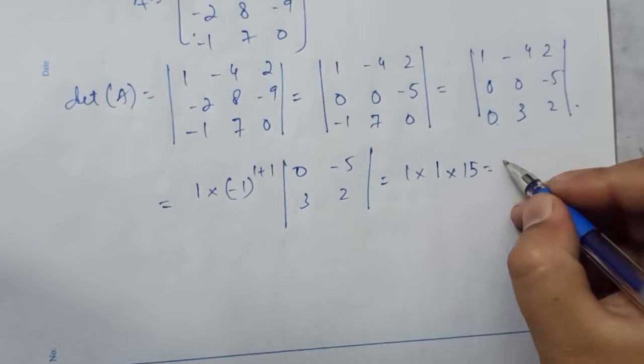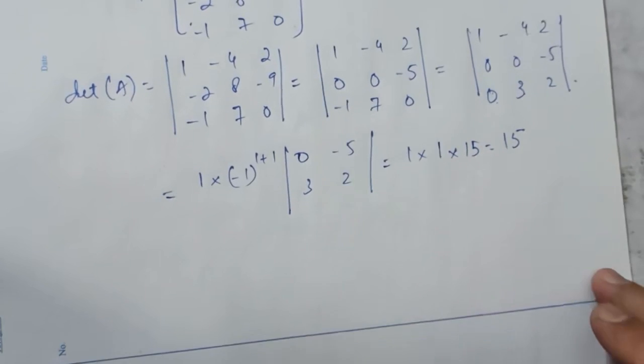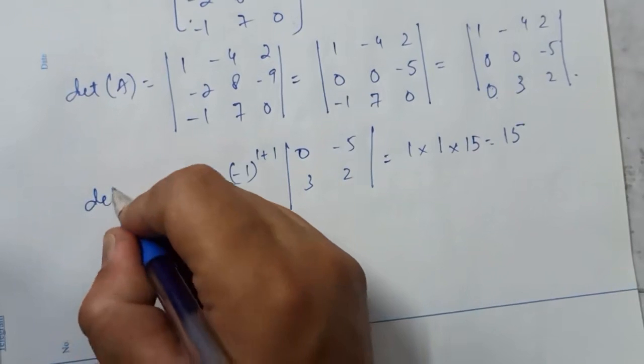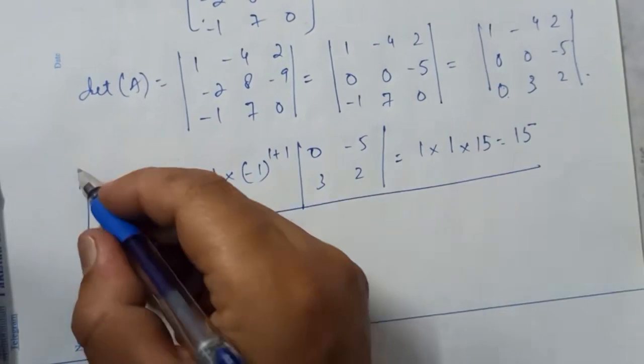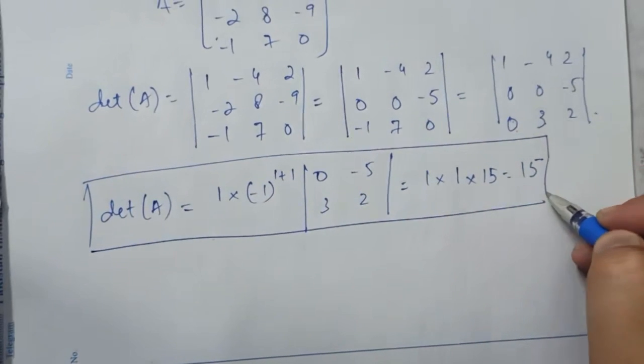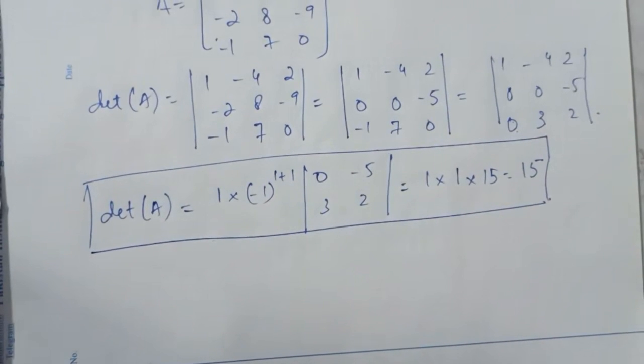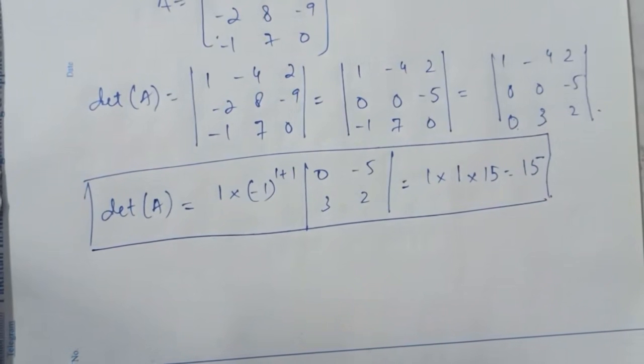So the answer here is 15, right? So this is how easily I can calculate this determinant using the properties of the determinant.